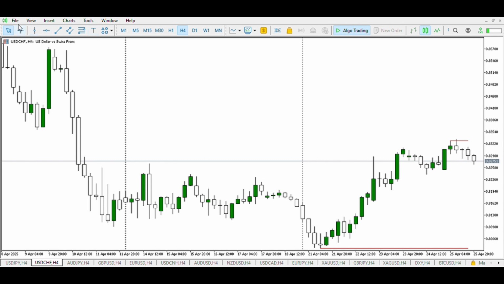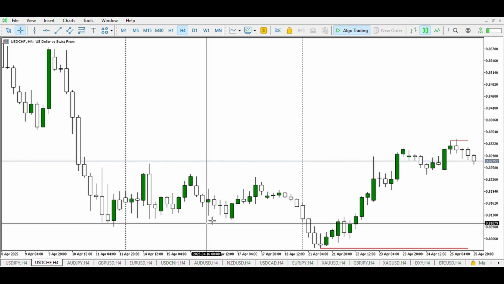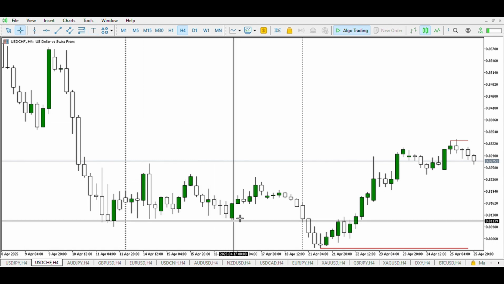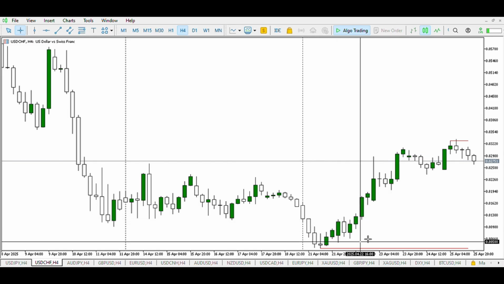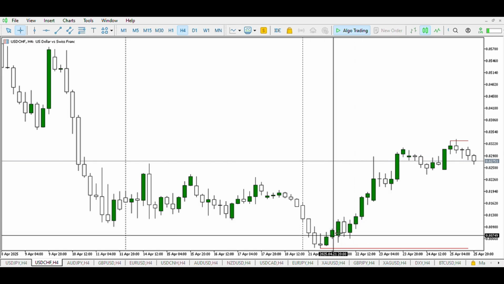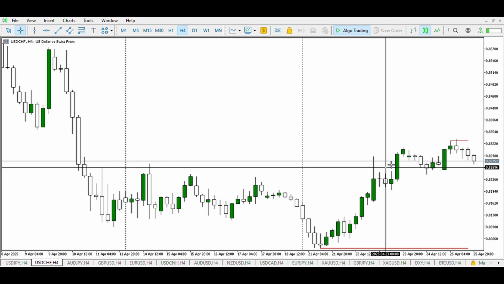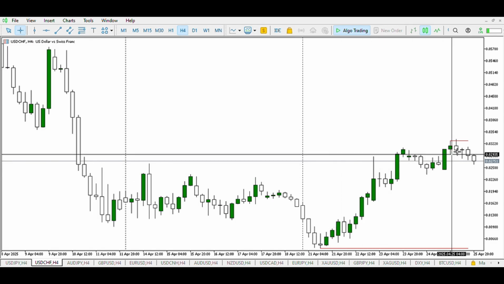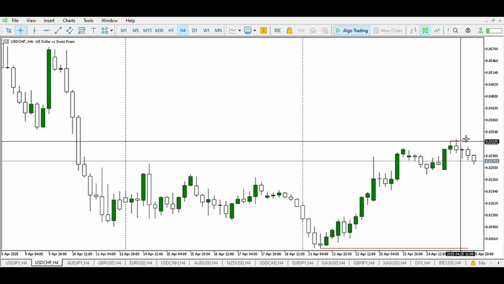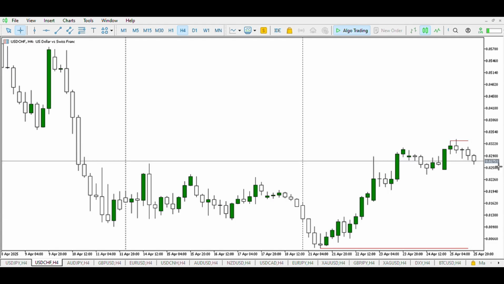On USD CHF, we can see, just as predicted last week, price gave a counter trend. However, not much of a strong pattern was given to support this area. Nevertheless, price rallied up. So at the close of the previous week, price closes near to the high.